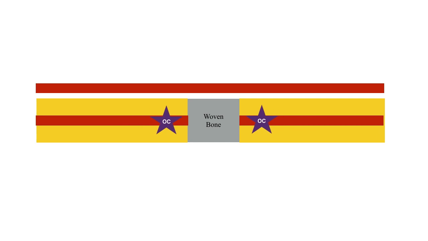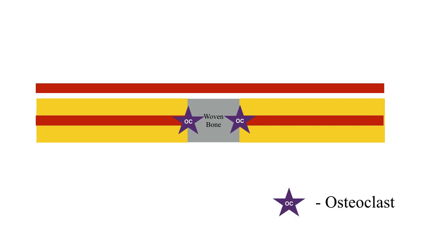So now the next step is that this woven bone has to be converted into a lamellar bone. Similar to primary bone healing, once the woven bone is there, the blood vessel brings the osteoclasts inside. As we all know, osteoclasts are the cells which cause bony resorption.